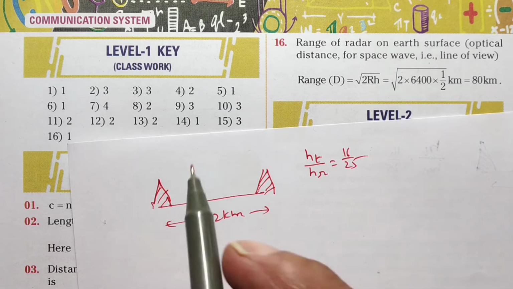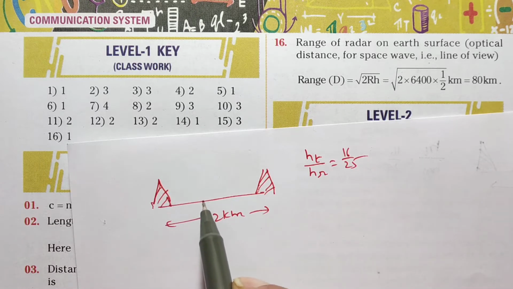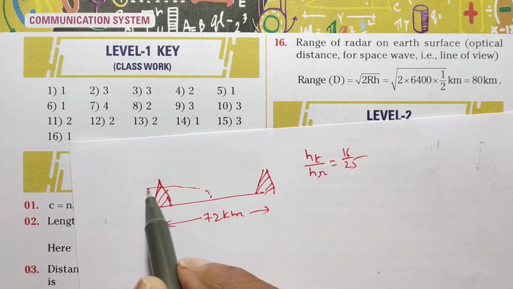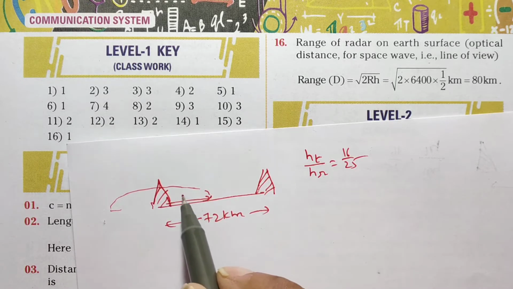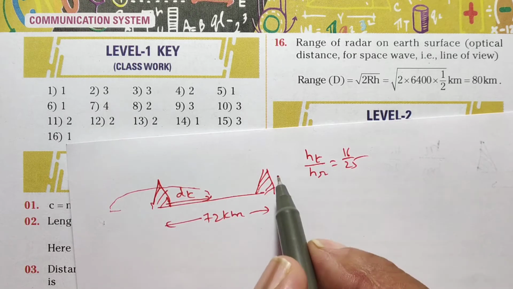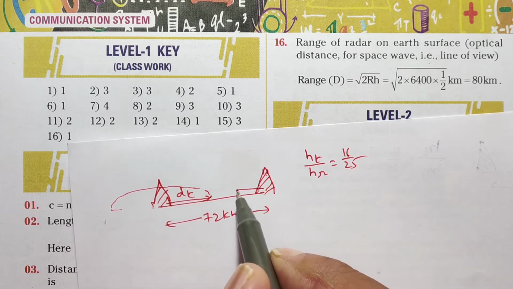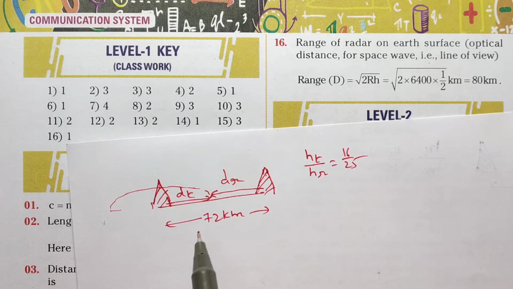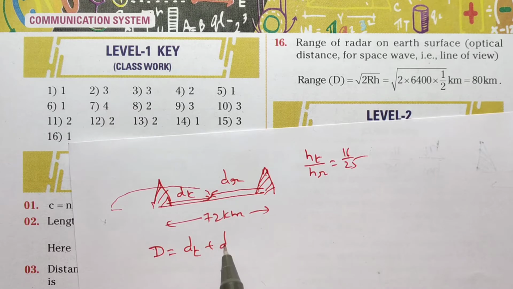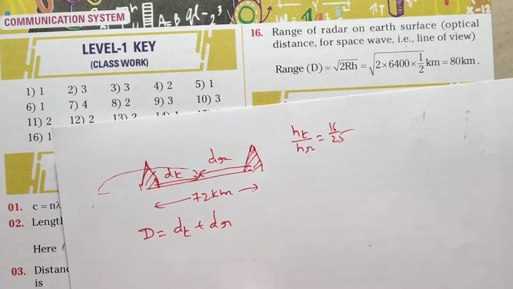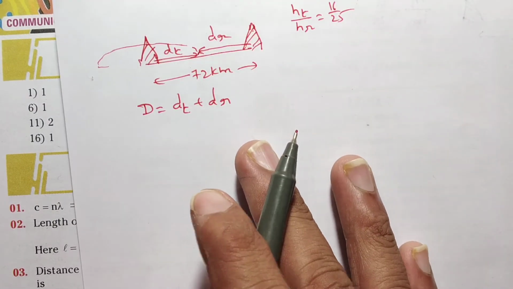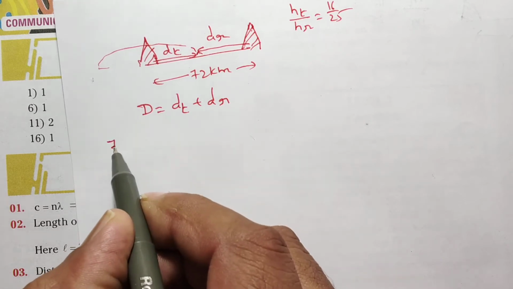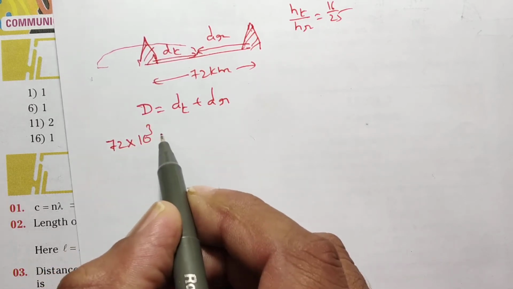Now, if this is the transmitting antenna, let us consider the distance up to which it covers is dt, and for the receiving antenna the distance it covers is dr. The total distance d is dt plus dr. The total distance is 72 kilometers, that is 72 into 10 to the power of 3.